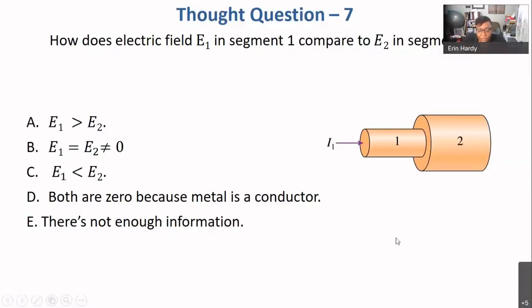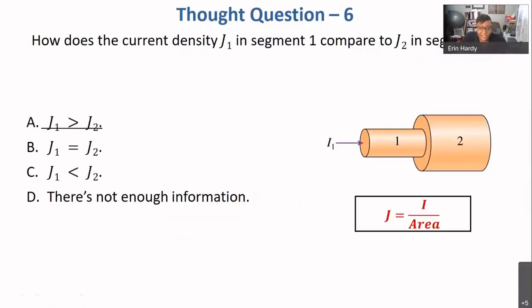So we just want to figure out whether the field strength is going to be greater, equal, or less in segment 1. What we would want to remind ourselves of is something that was mentioned in the first thought question, number 5. These 2 wire segments are made of the same thing, so their conductivities, sigma, are the same value. And we just demonstrated here that their current densities are not the same value.